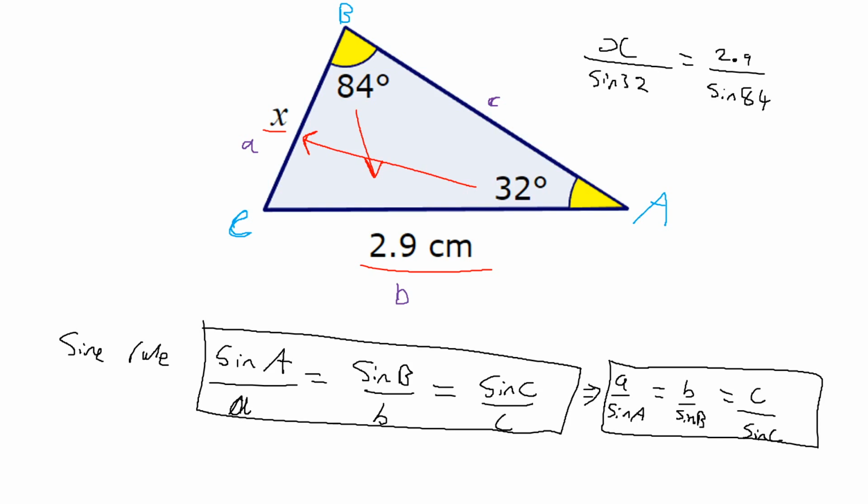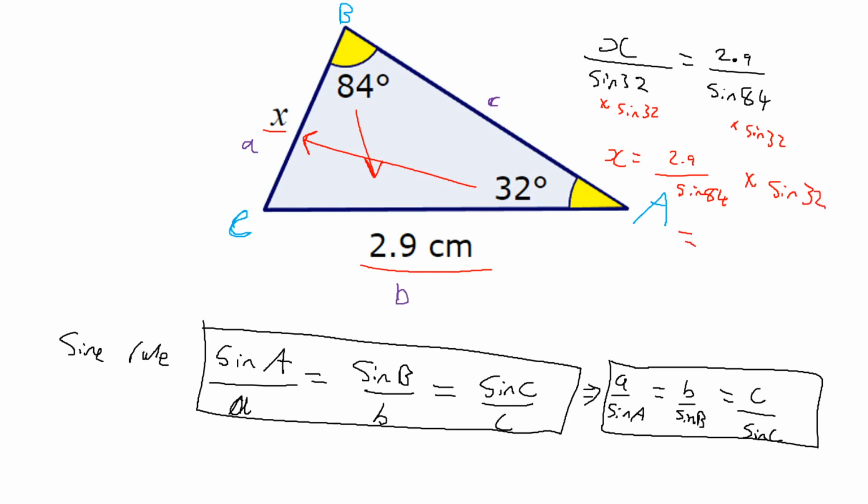And now all we need to do is make x the subject. To do that, we times both sides by sine 32. And so what we're left with is x is equal to 2.9 over sine 84 times sine 32.